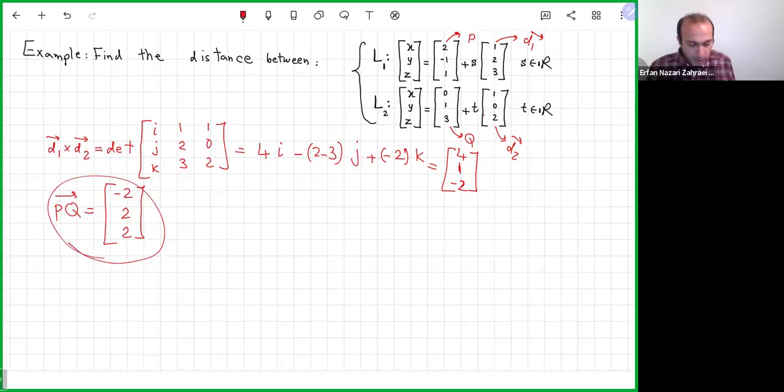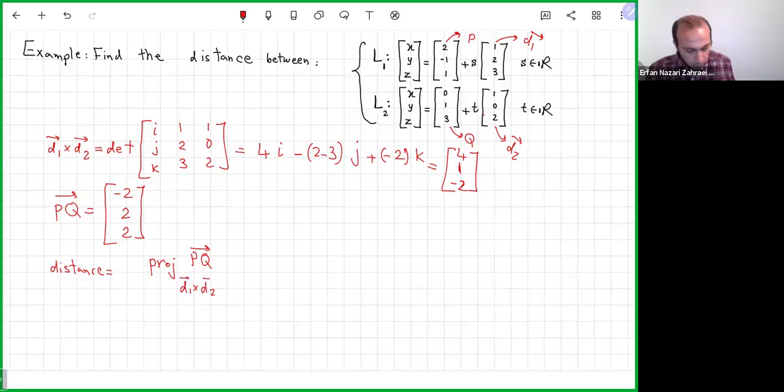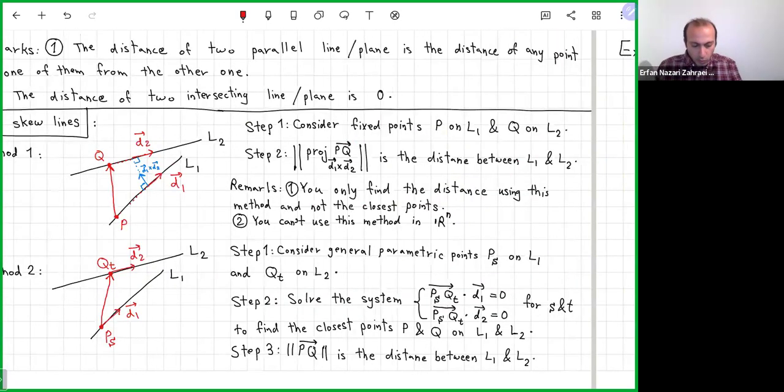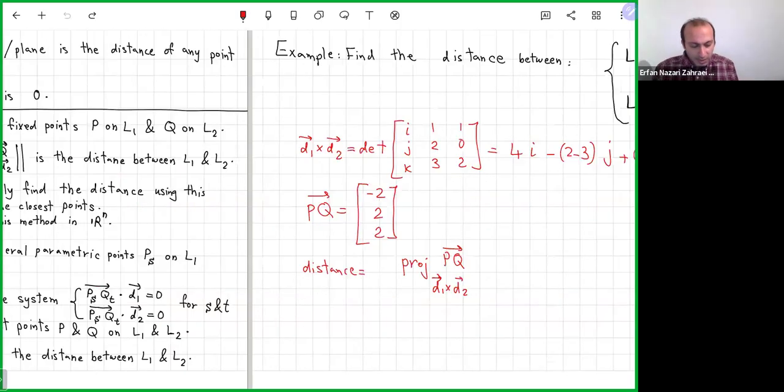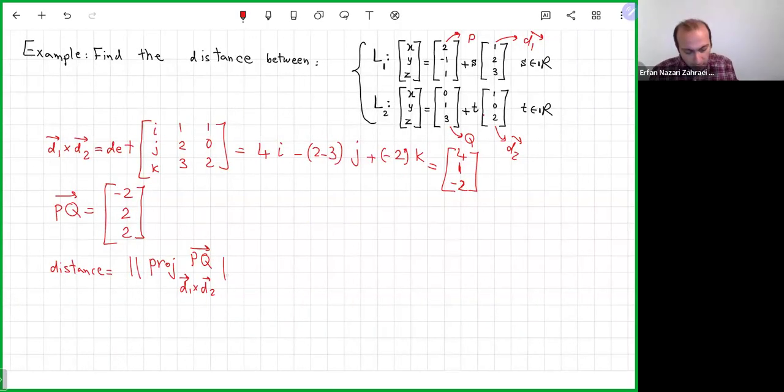Then I need to project this onto D1 cross D2. When I project this in this direction, I get a vector whose length is the minimum distance. So the length of this.